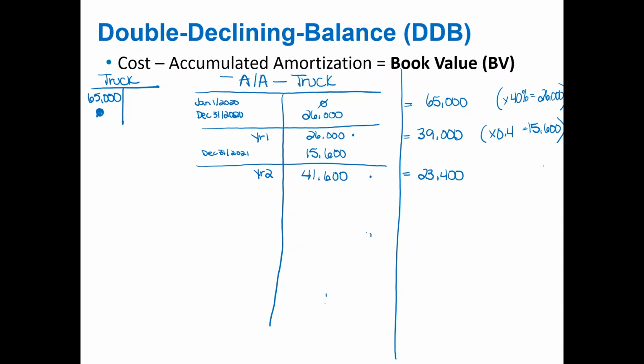We just continue this on each year. If you want to pause it and try the next couple of years on your own, go until you get to the value at year 4. I'll just continue doing that now. 9,360 is what we would book December 31st, 2022.